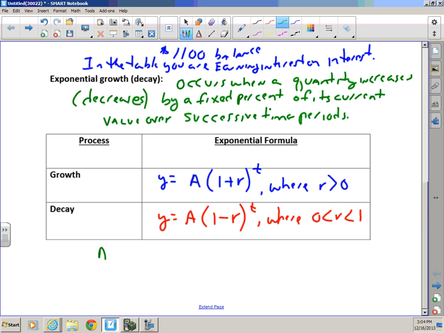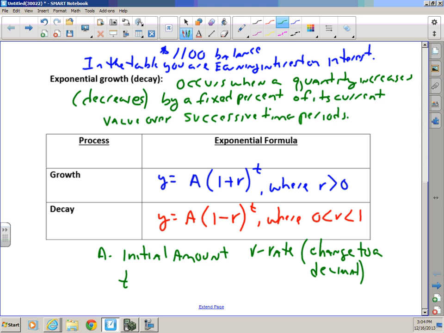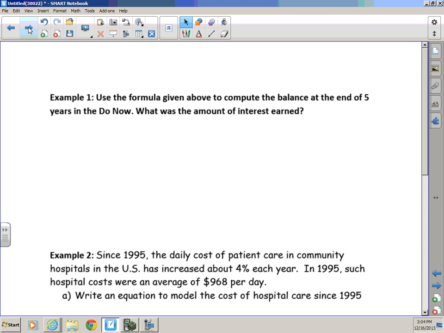A is the initial amount. R is your rate. Change it to a decimal. And T is your time period. R and T have to be on the same period of time to do this. So let's go through some examples. And when I do it, I'll show you what to do on the calculator.